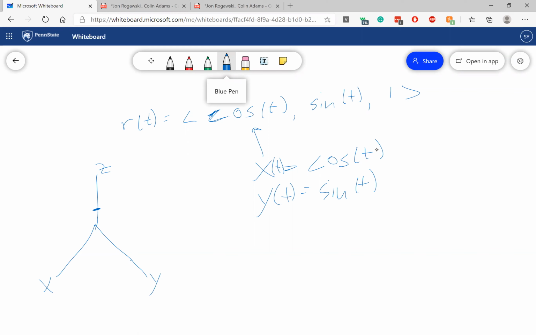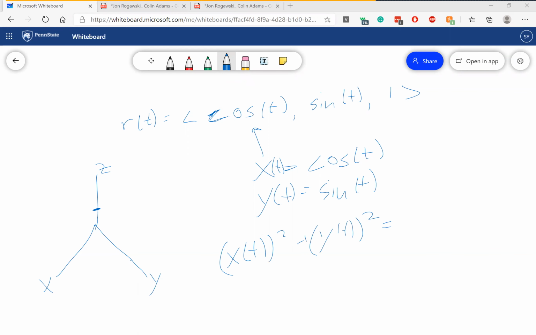Because of this, we get x of t squared plus y of t squared, which is equal to cosine squared of t plus sine squared of t. And this is equal to 1.